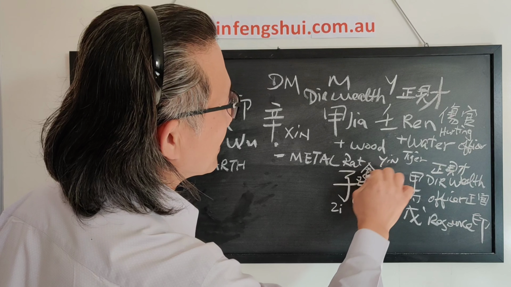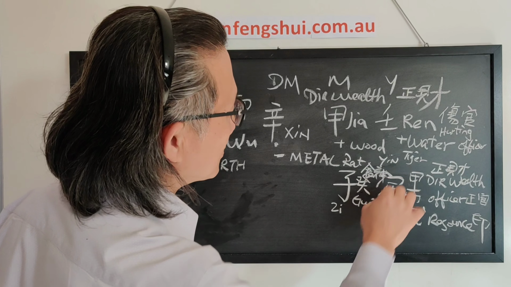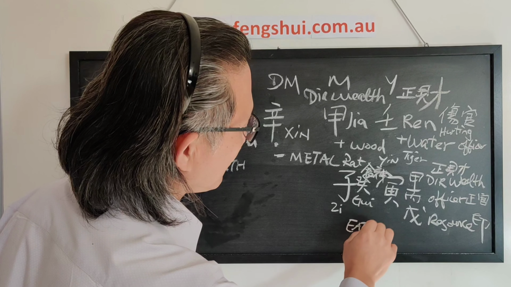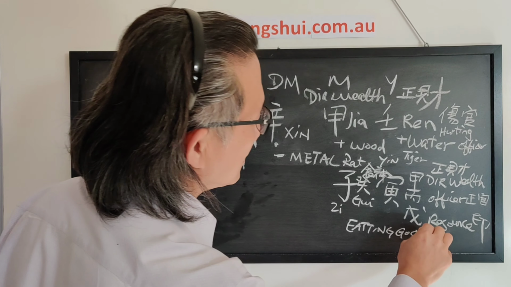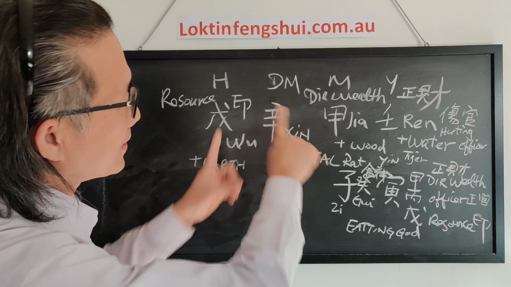Here it becomes a 6, or I write here, or eating god. Okay, so it becomes an eating god.